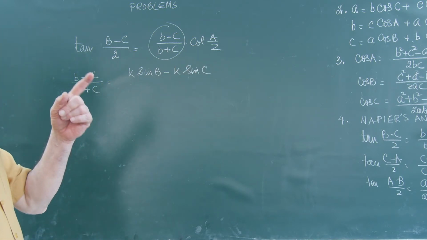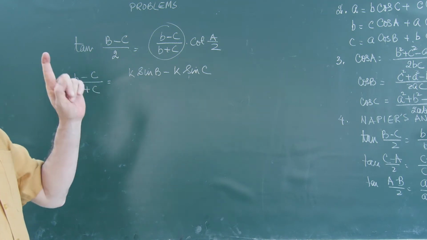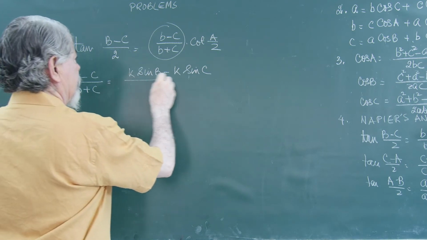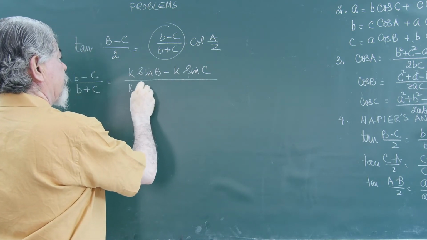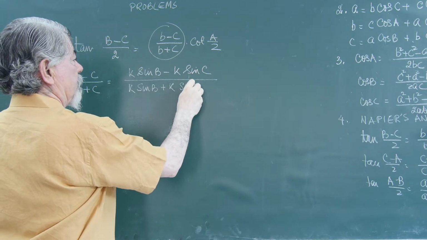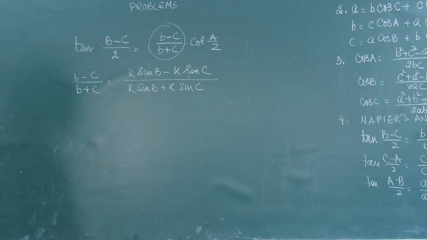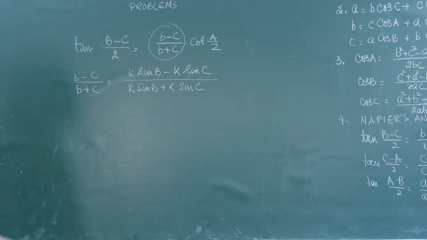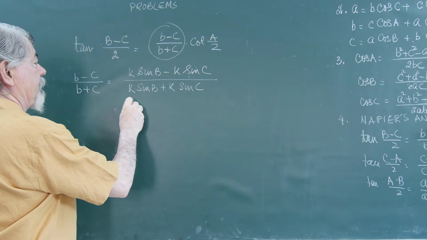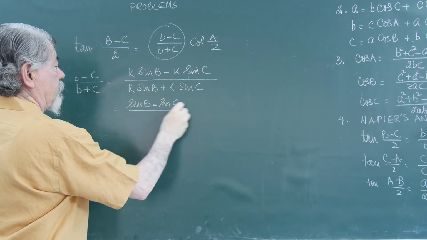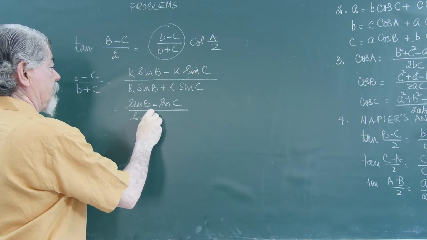So in the numerator, b will become K sine B, c will become K sine C. Similarly, in the denominator, I have K sine B plus K sine C. Now I can remove K, because K can be taken common in numerator as well as in denominator, and they will cancel with each other. So you will get (sine B minus sine C) upon (sine B plus sine C).